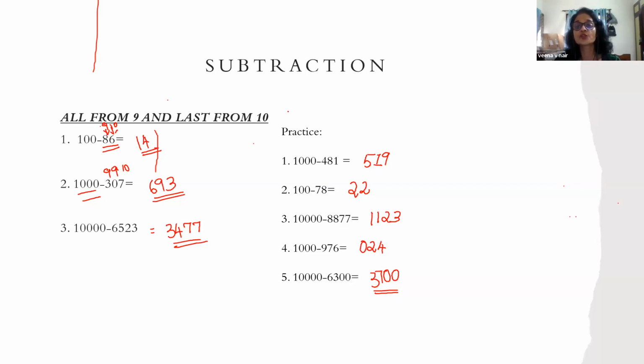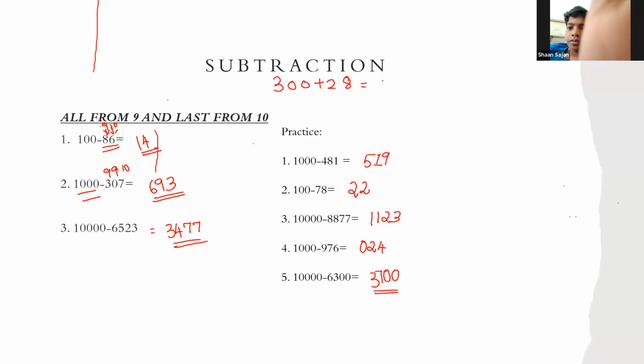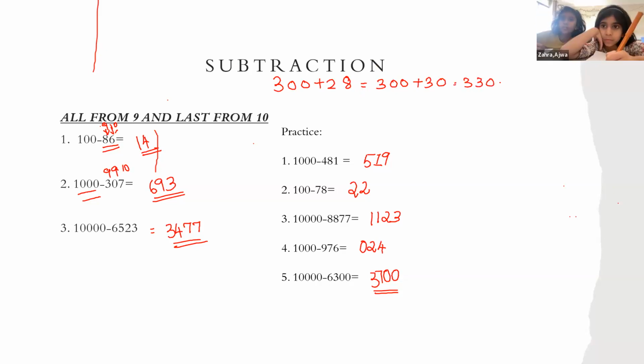We added the number to the base and then subtracted the extra numbers that were there, right? You forgot? Okay, let's practice. How do we do addition? 30, and then what do we do? 130 minus 2.